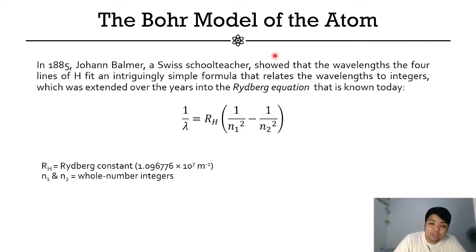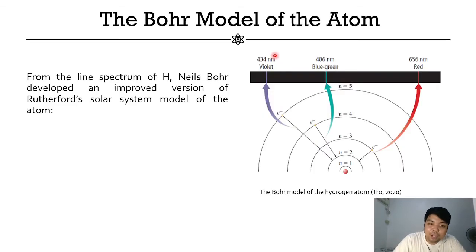Now, in 1913, this line spectrum was given an explanation by Niels Bohr. In order to explain this line spectrum, he developed a more improved version of the solar system model of an atom previously formulated by Ernest Rutherford.